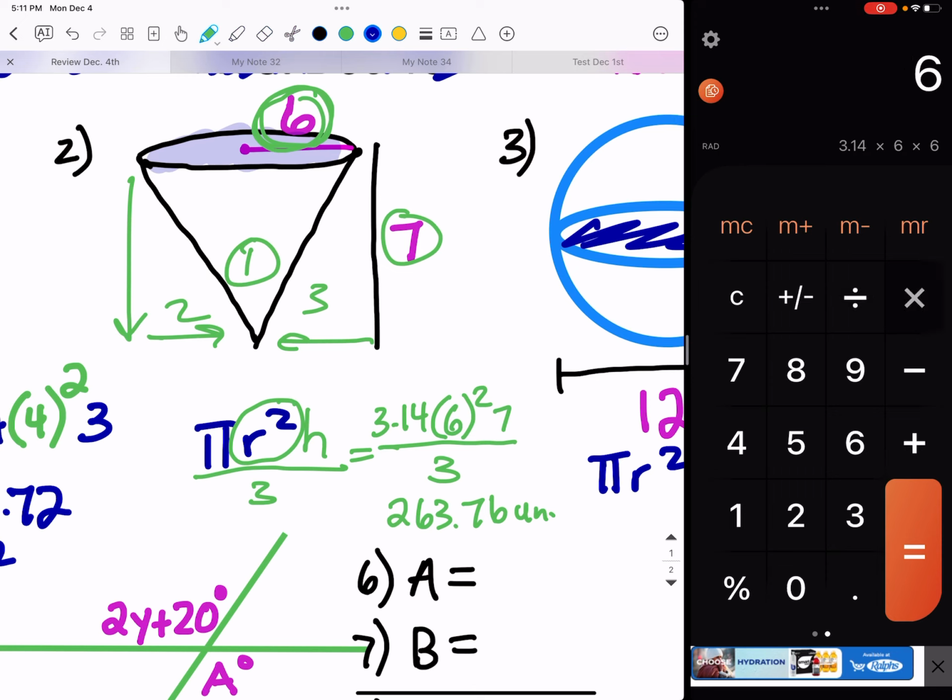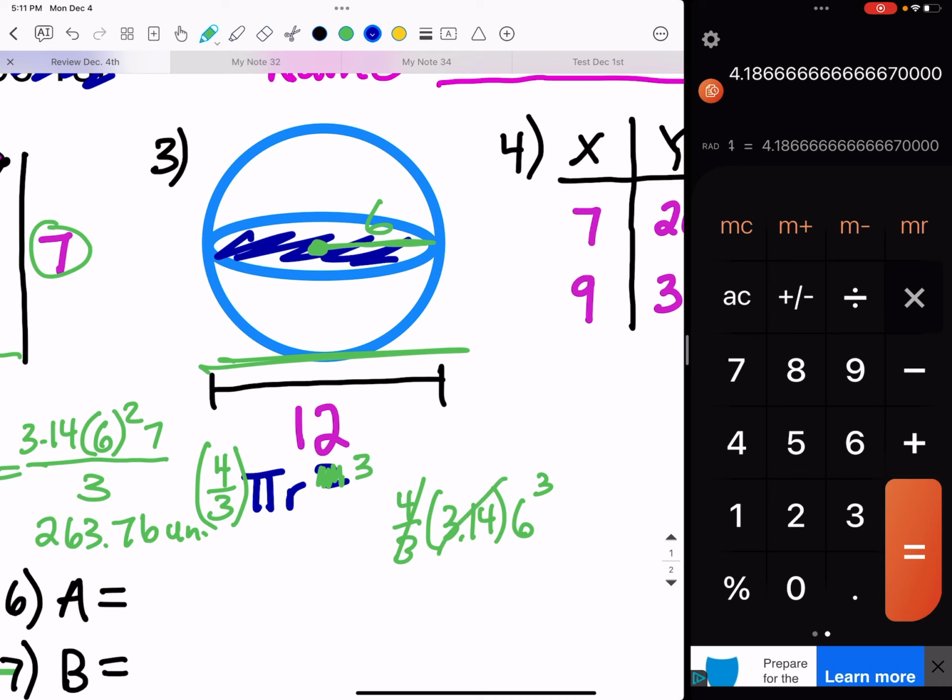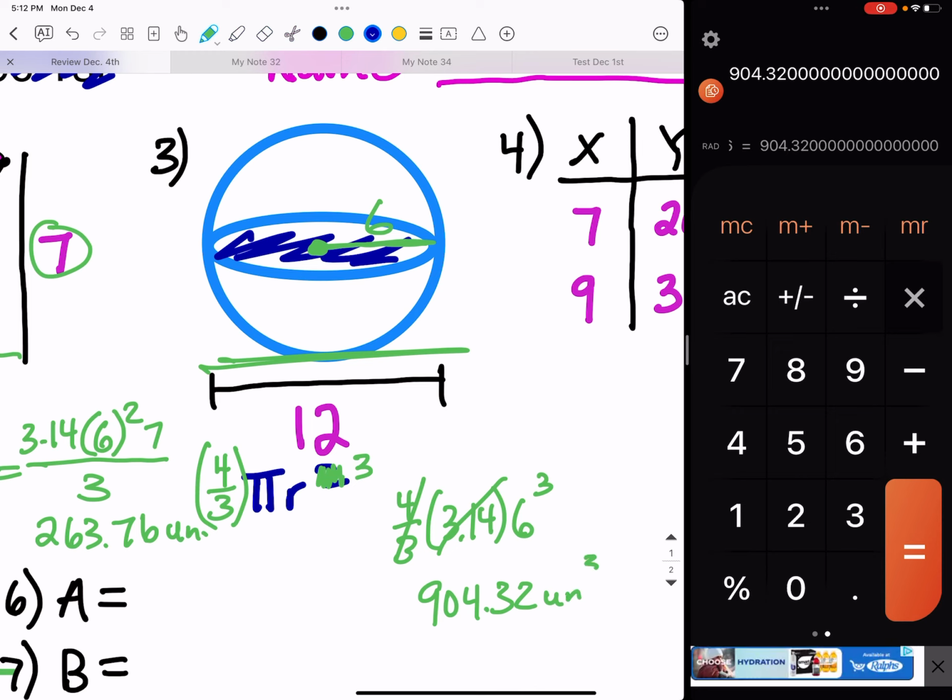So 4 divided by 3 equals 4/3, times 3.14, now times 6 times 6 times 6 equals 904.32 units cubed, 3D units.